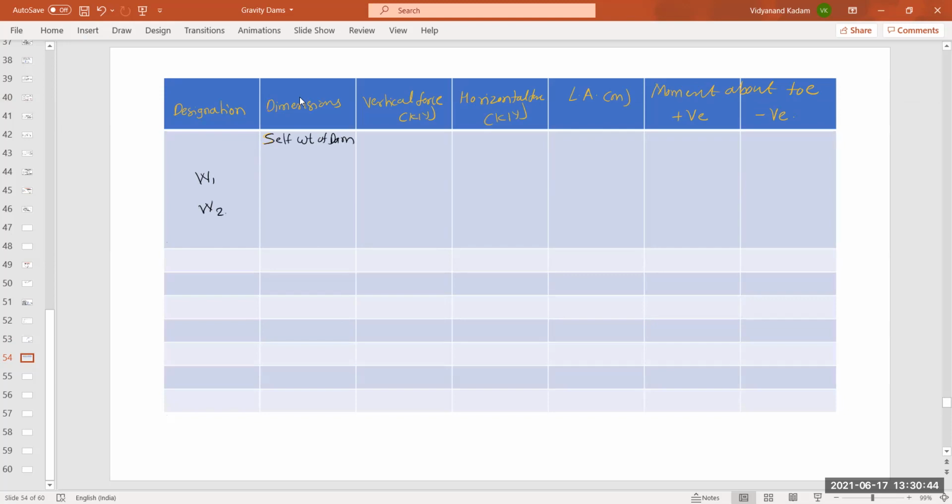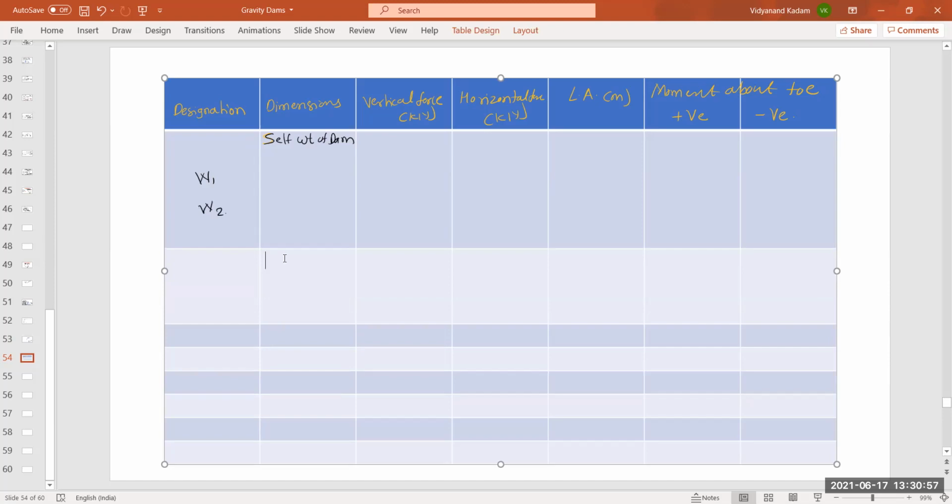Then you find the vertical component of water load due to the triangular column, the weight of water on downstream face.